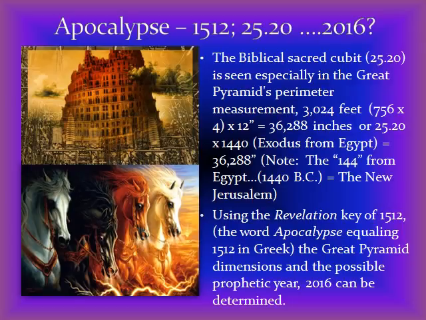The biblical sacred cubit of 2520 is seen especially in the Great Pyramid's perimeter measurement of 3,024 feet, for 756 feet on one of its sides times 4 times 12 inches equals 36,288 inches, or 25.20 times 1440, that is the year of the Exodus from Egypt, will equal 36,288 inches.